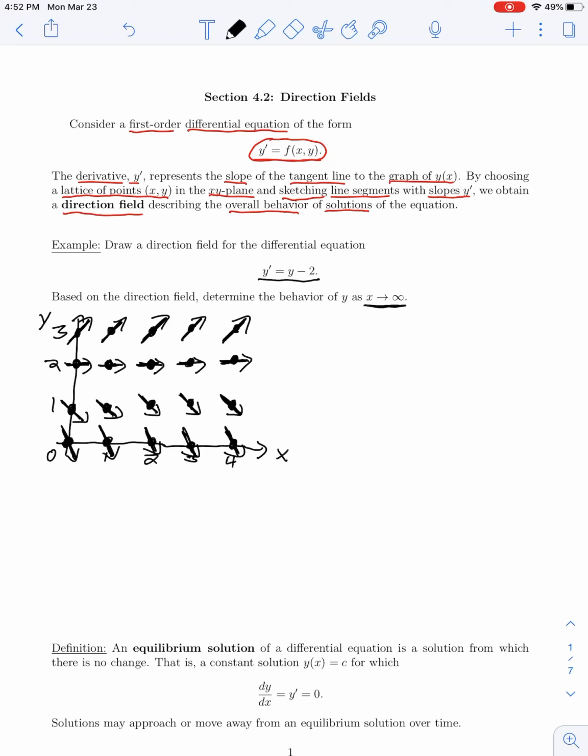So let's consider some initial condition. Let's say that I'm given an initial condition for the value of y when x is 0. So where I'm intersecting the y-axis.